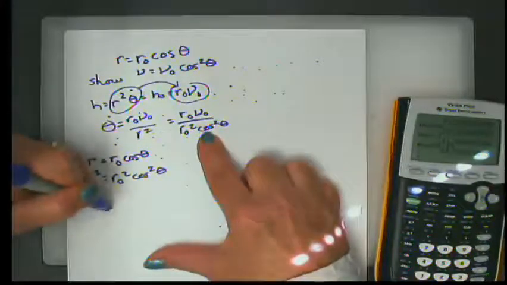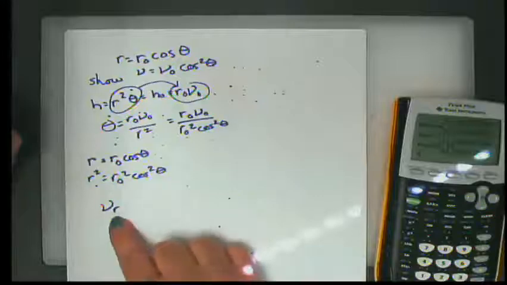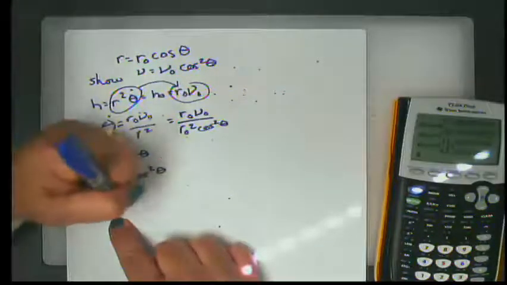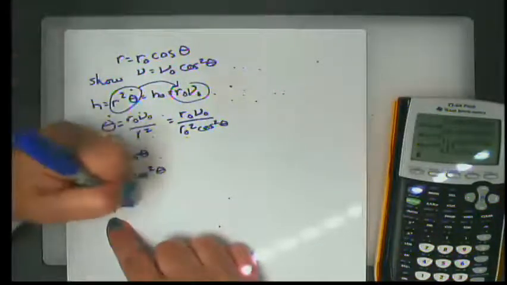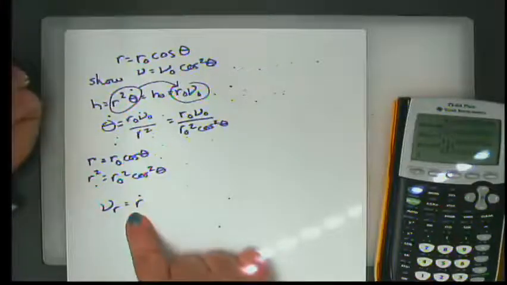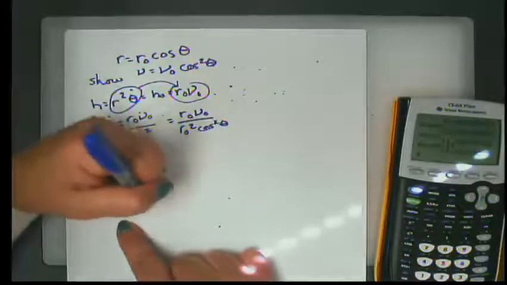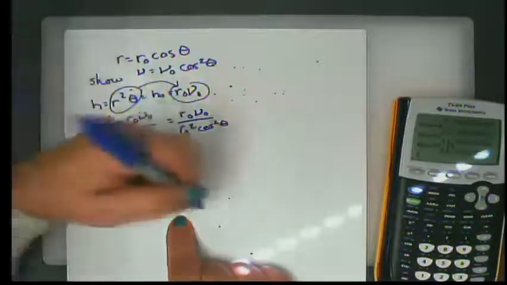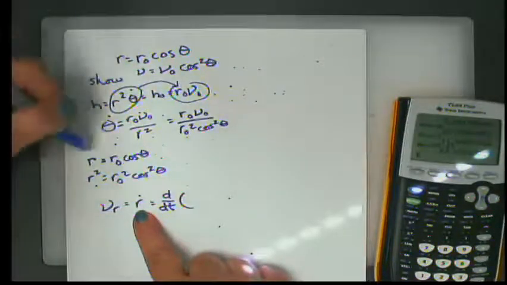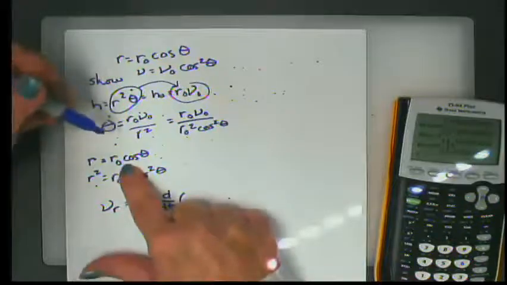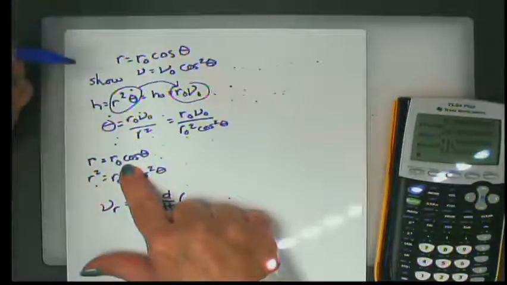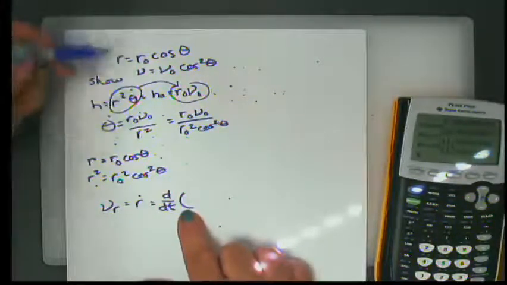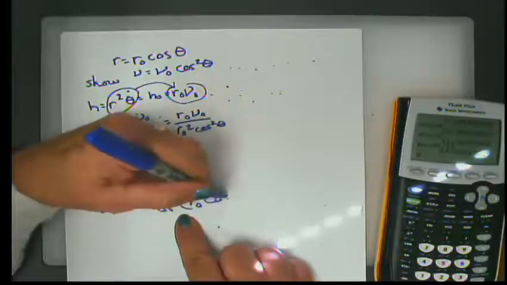Following this, we can also say that the velocity in the radial direction is equal to r dot. So you can take the first derivative with respect to time of r, which is r0 cosine theta.